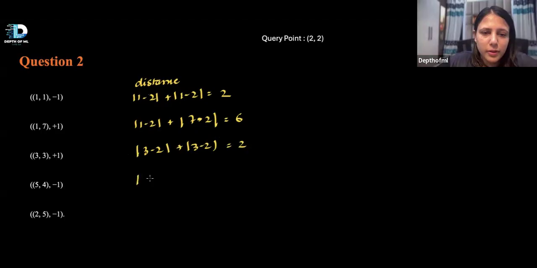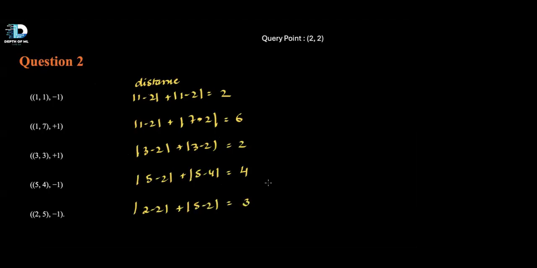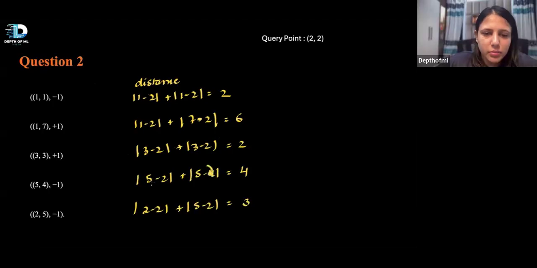Then you have 5 minus 2 plus 5 minus 4, which is equal to 3 plus 1, which is 4. And then you have 2 minus 2 plus 5 minus 2, right? So this is 0 plus 3. Fourth one should be 4 minus 2, sorry, I made a mistake.